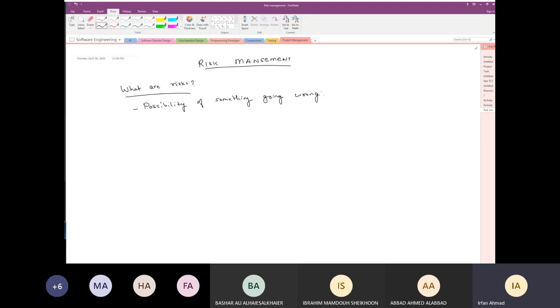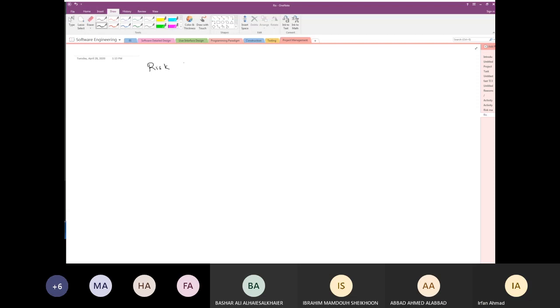And to understand how we do risk management, we have to understand that risk management broadly has the following important steps. One of them is called risk identification. Another one is risk analysis.